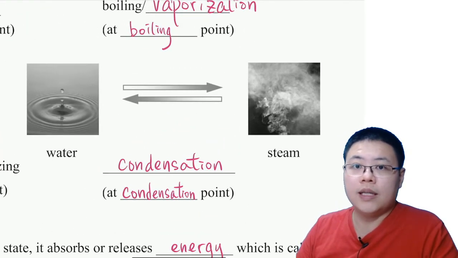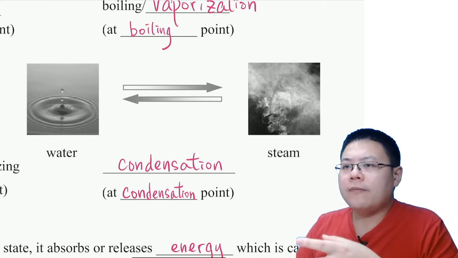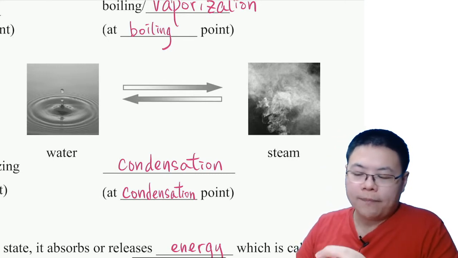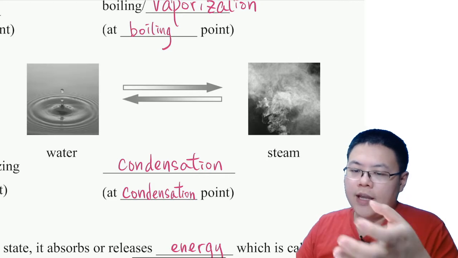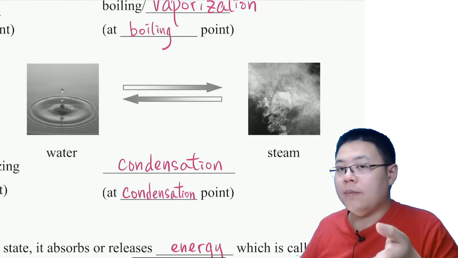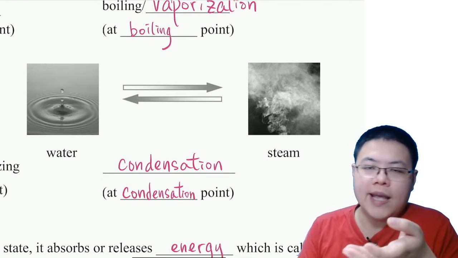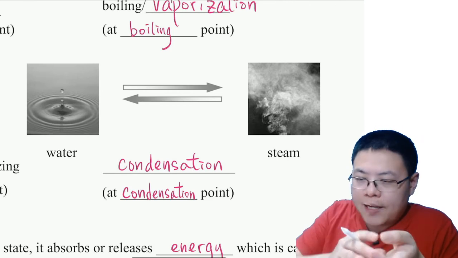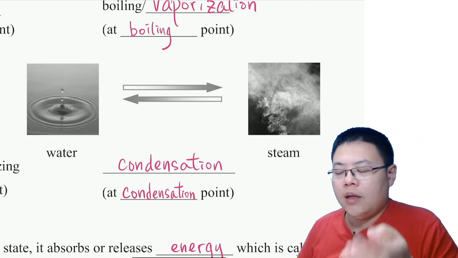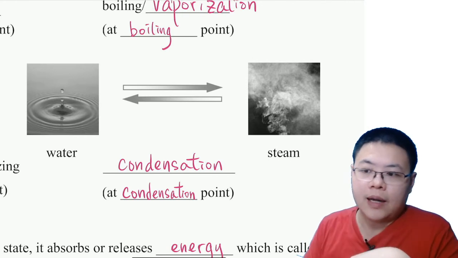absorb or release energy? It absorbs energy, but how do we know for sure. For example, if you have a pan of water, you want it to become steam, you have to boil it, right? You have to provide fire or energy to it so that it becomes steam. And how do we know steam releases energy to become water?